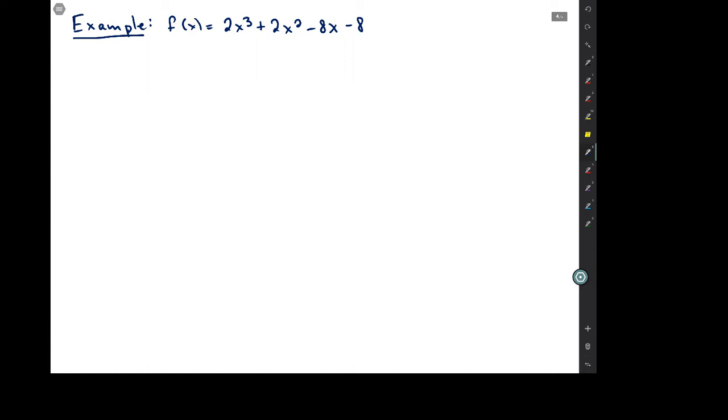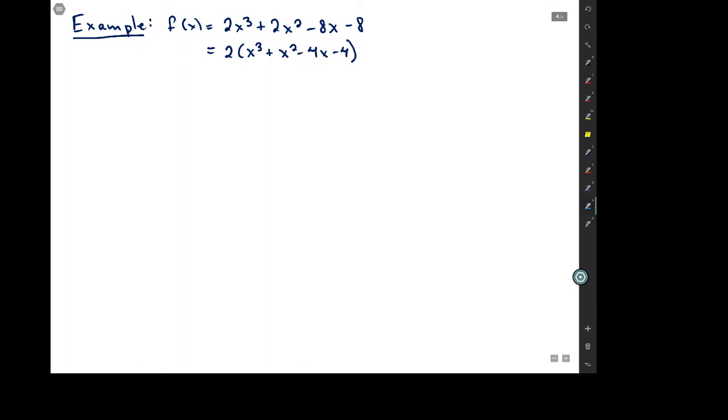So let's look at this polynomial, f of x equals 2x cubed plus 2x squared minus 8x minus 8. If we want to factor this polynomial, really the first thing that we should do is factor this 2 out. So when you're factoring, always remember to try the easy things first.